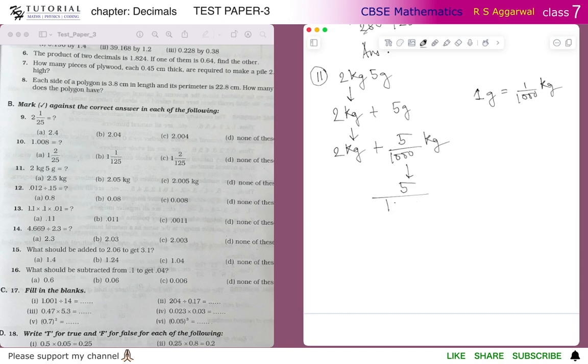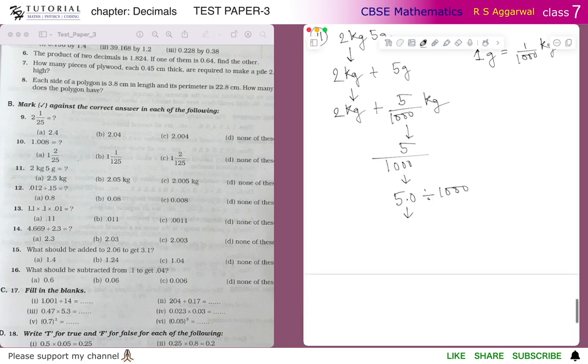So this is nothing but 5.0 divided by 1000, and we have to shift the decimal point. So we are dividing the decimal number 5.0 by 1000. So we will shift the decimal point 3 places to the left, and this will become 0.005. So 5 by 1000 kilogram is equal to 0.005 kilogram.